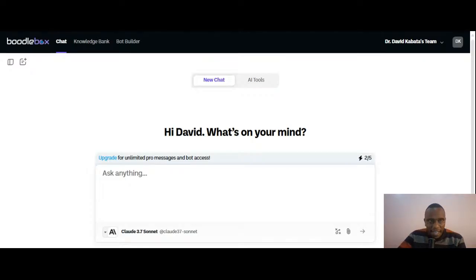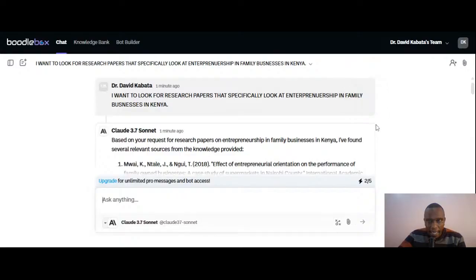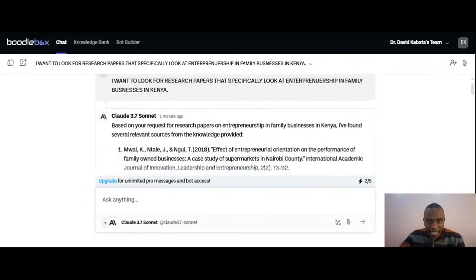To identify a research gap in our study, remember what I have done. I have come here and prompted the platform to get me a research gap in family businesses in Kenya.